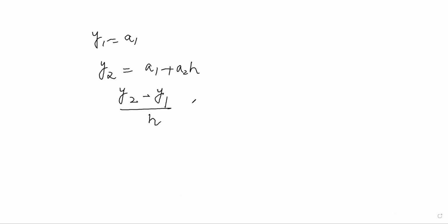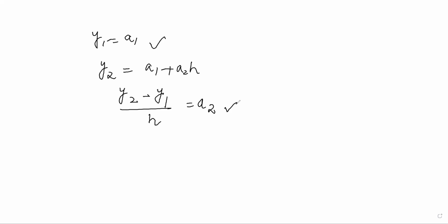Now our y1 is equal to a1, and our y2 is equal to a1 plus a2h. Therefore from here we can write y2 minus a1, which is y1, divided by h is equal to a2. So we have a1, we have a2.